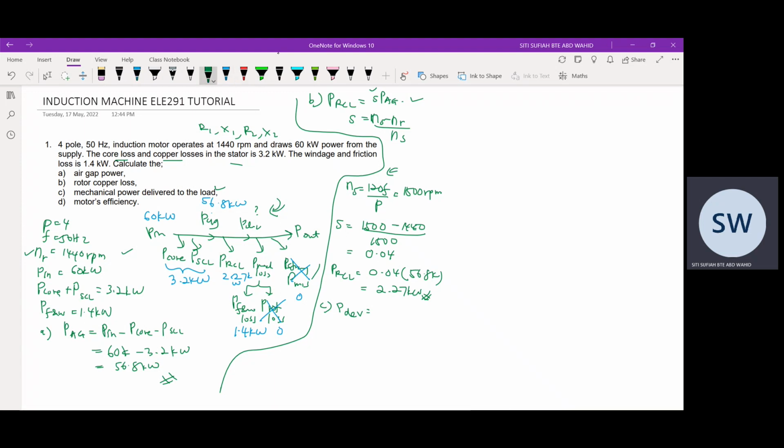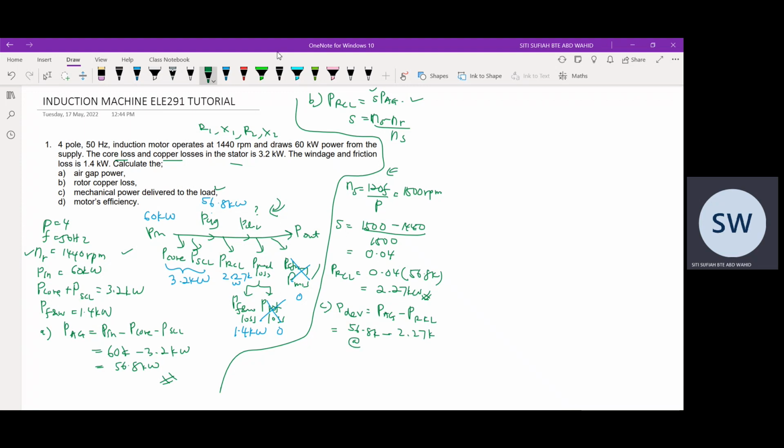So P developed is equal to P air gap minus PRCL, that is 56.8K minus 2.27K.